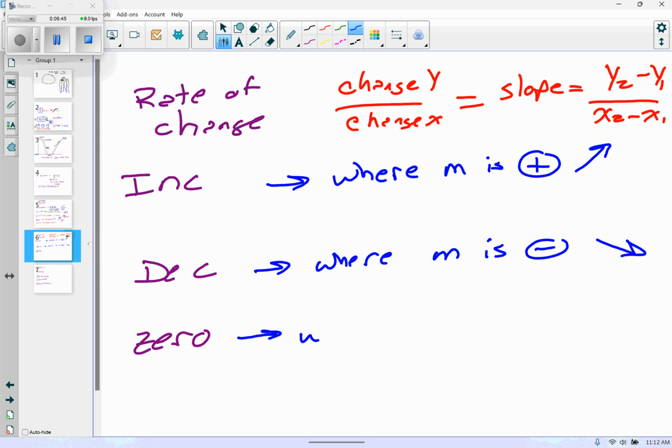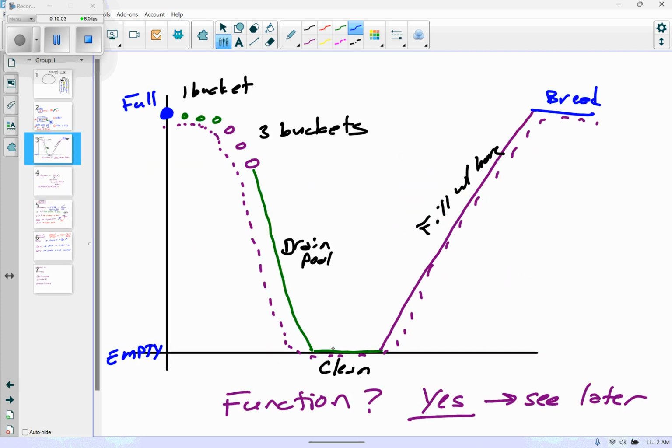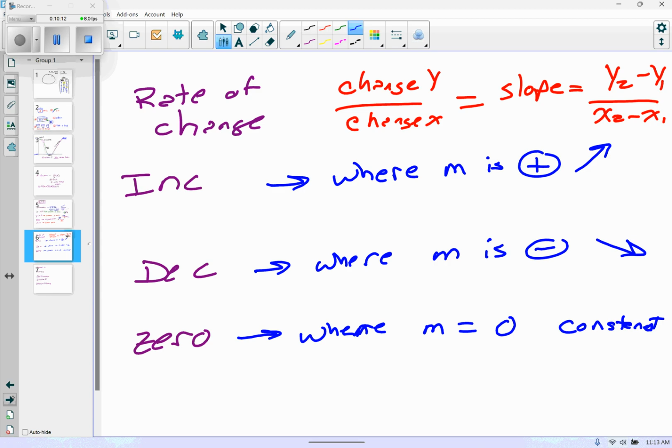Where it's 0 is where m equals 0, so this is the constant rate. From the pool problem, it's where we were cleaning the pool at the bottom. So if we go back to that, we were cleaning the pool, constant rate, or when we were on our break, that's where the slope would have been 0. We're also going to put that this is the horizontal line.